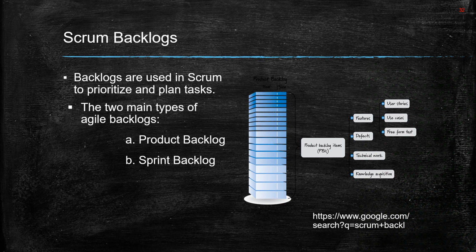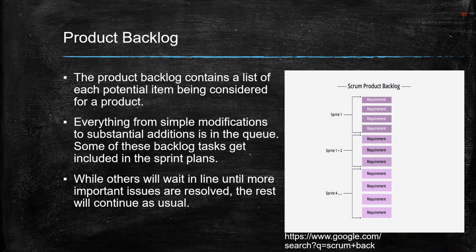Product backlog items: here the features, defects, technical work, knowledge. And in this you can see user stories, use cases, and free form text. And here is the product backlog.